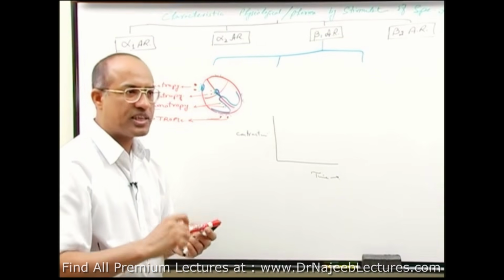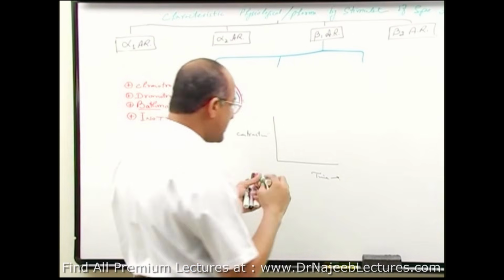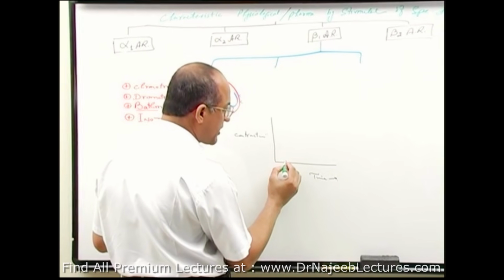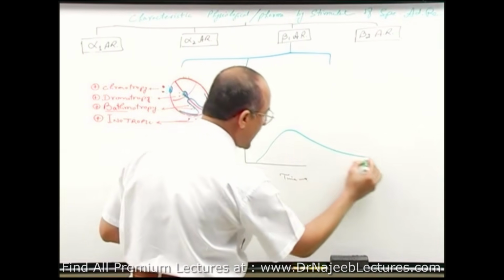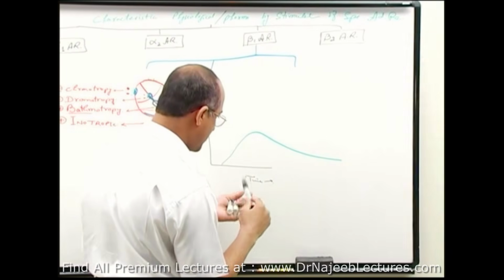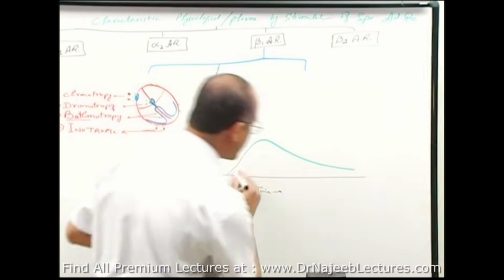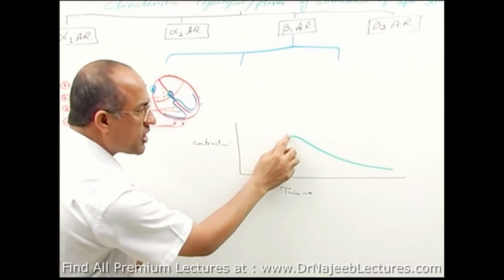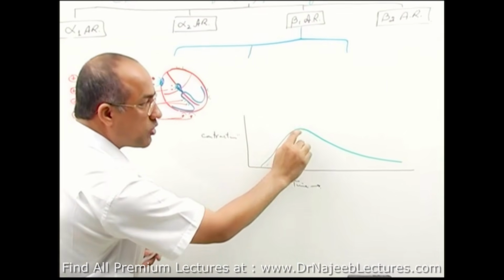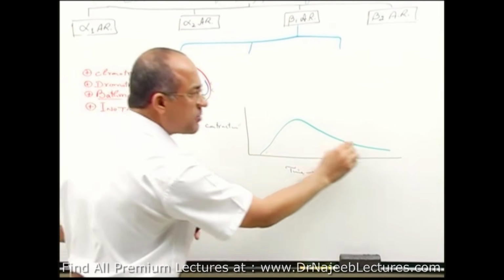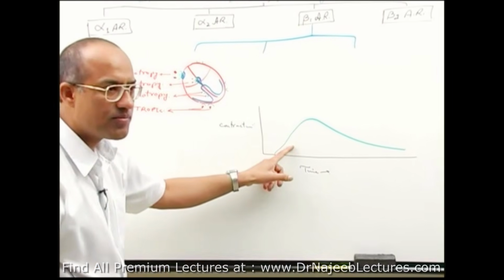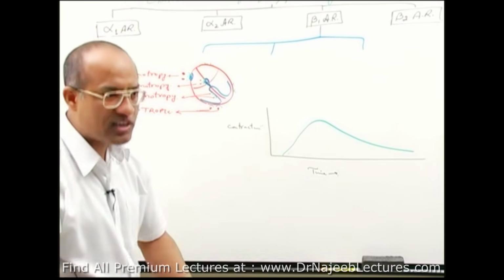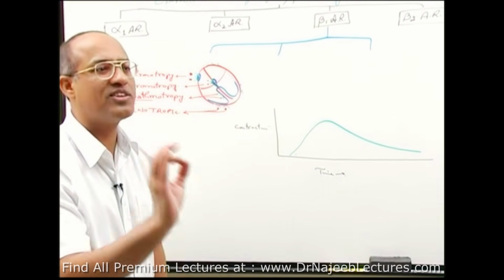Before getting beta-1 stimulation, the patient has myocardial contraction which goes to the peak and then comes to relaxation. During systole, the left ventricle contracts, pressure goes to the peak, and then the myocardium relaxes. This is without exogenous beta-1 stimulation.